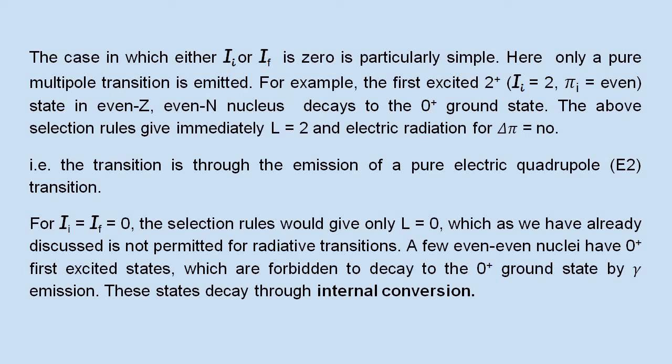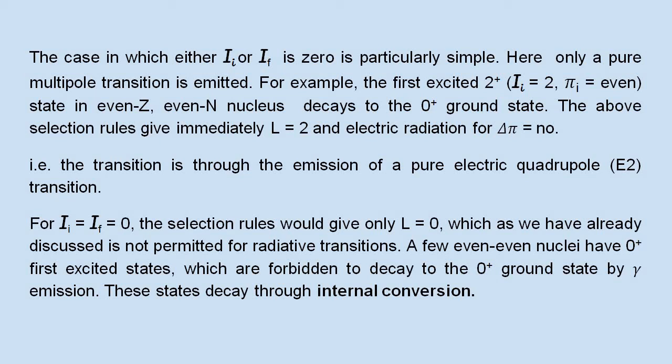But this is already known to us. You have studied that type of classification in your spectroscopy. For the excited state, there may be a variation in spin. So for the ground state you have 0.